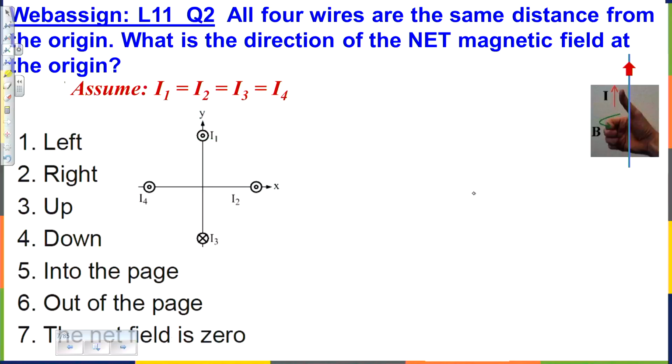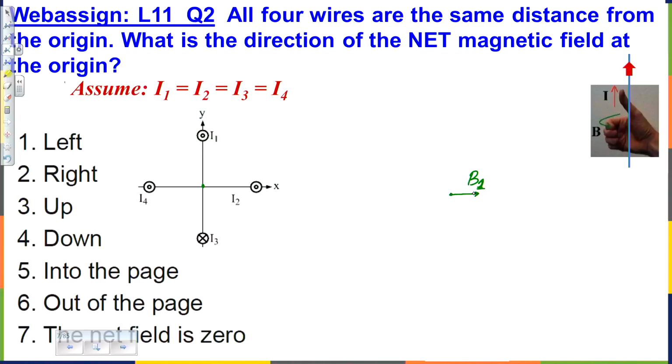Now, of course, we just need to draw all four together. So the origin, this point, and for magnetic field vector, we use letter B, B1.